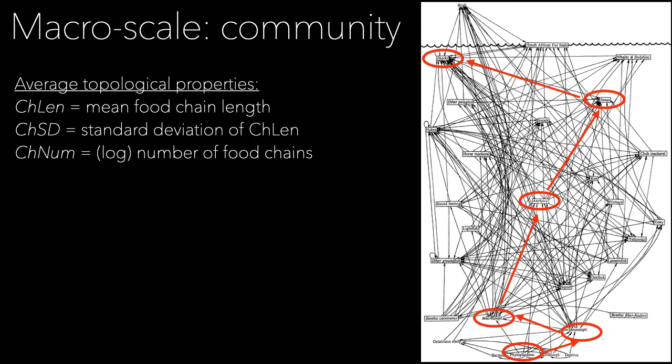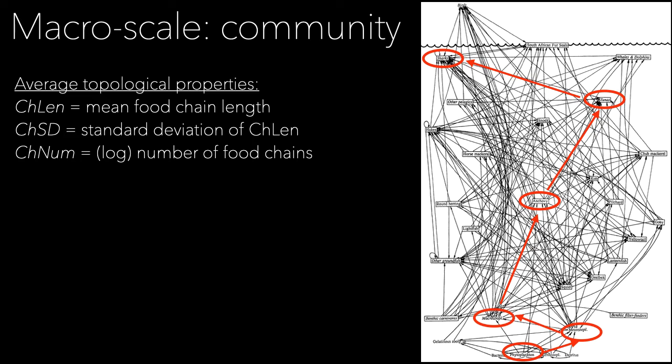As with every kind of average property, it is important because it can synthesize and tell us something already, it can estimate a population trend, but it can also mask the variance, the heterogeneity in the food web. For this reason, we can also calculate the standard deviation of the mean food chain length.